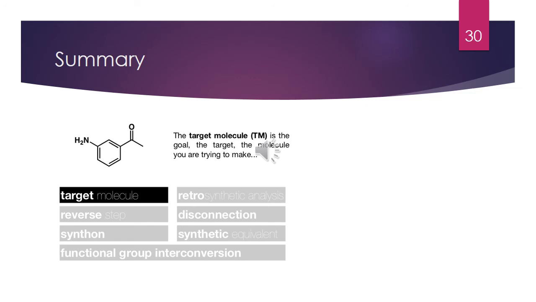But when we have to realize how to carry out this step, which reagents are to be used, we convert these synthons into something realistic. This is called the synthetic equivalent. The synthetic equivalents are the actual reagents which exist.